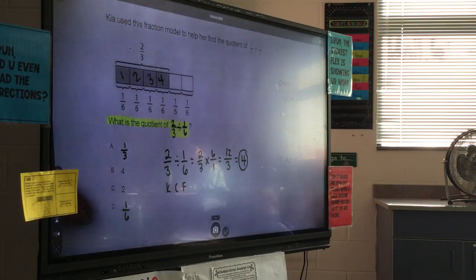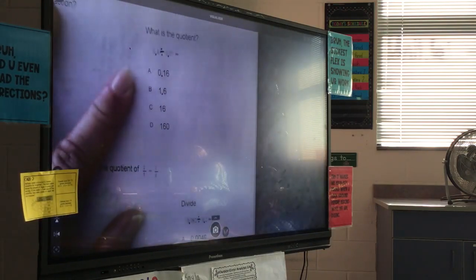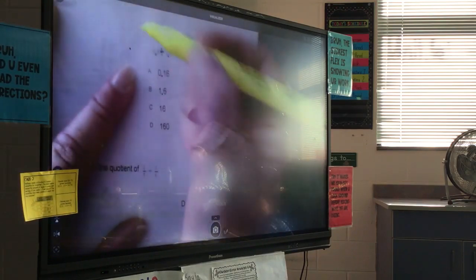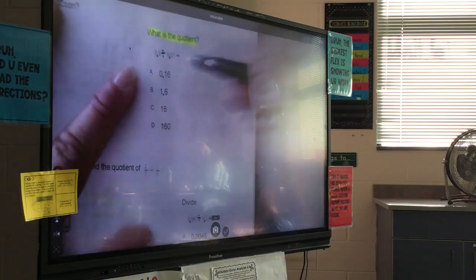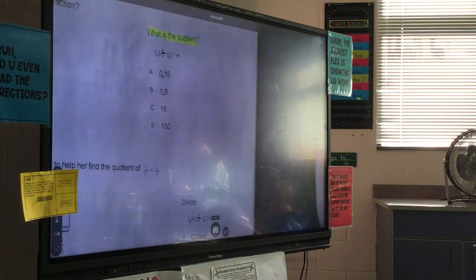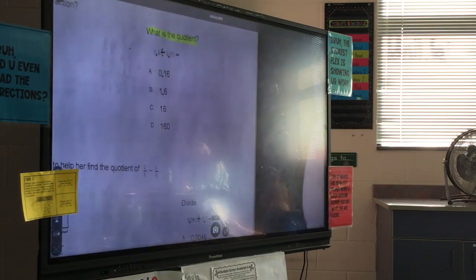All right, let's slide over to this one. It says divide. What is the quotient? So which number goes on the inside and which number goes on the outside? We have 8/10 divided by 5/100. Which number is going on the inside?